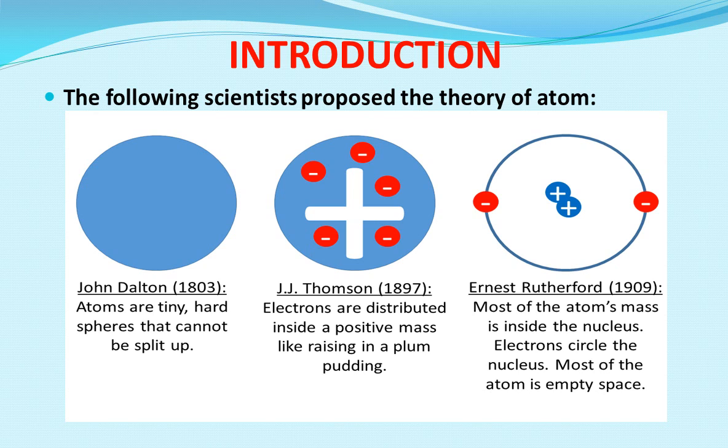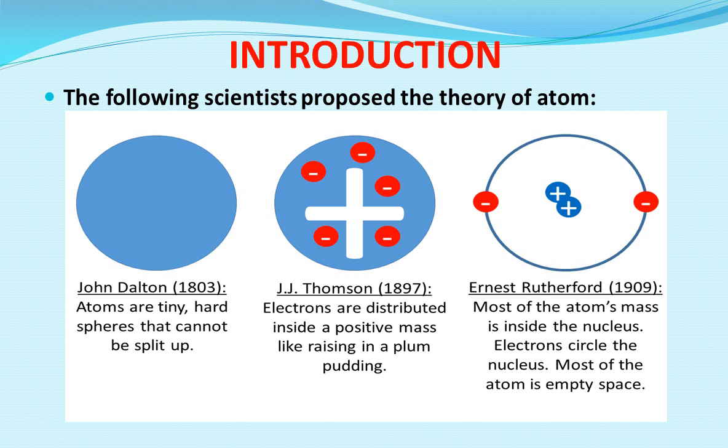In 1897, he explained that charged particles, that is electrons, are distributed inside the positive mass like a plum pudding. Like plum pudding, the electrons also revolve around the atom. But he also has some drawbacks. He didn't explain some later topics.